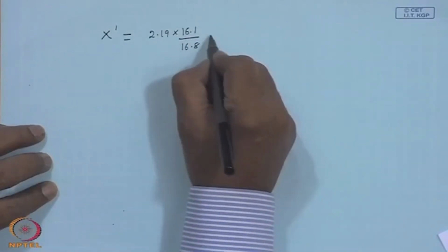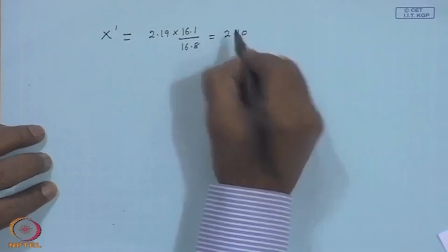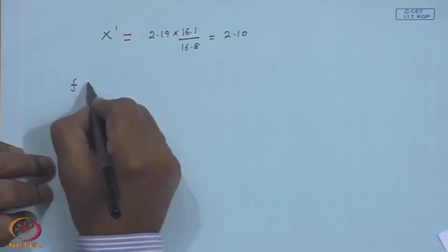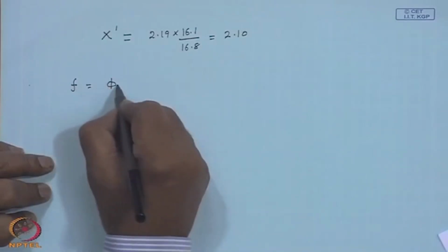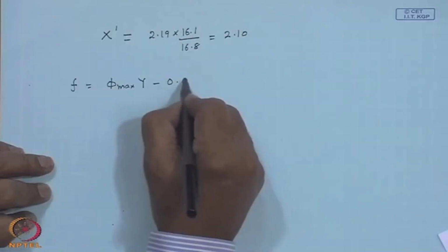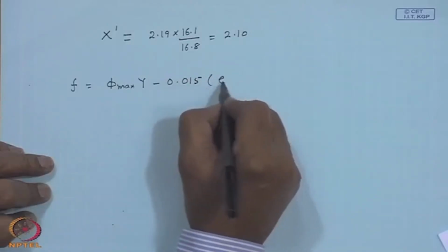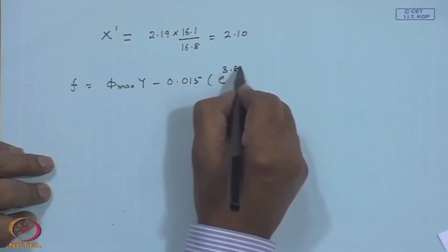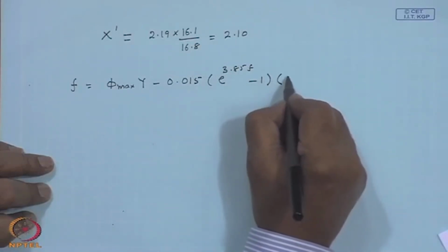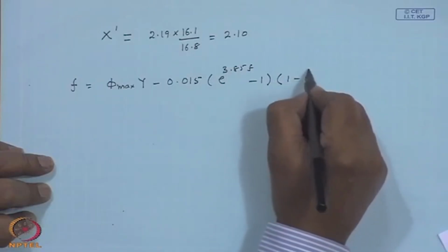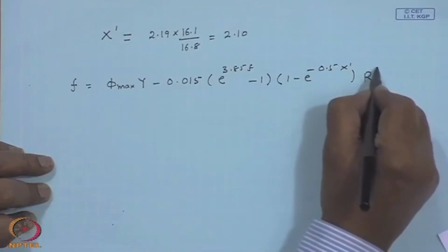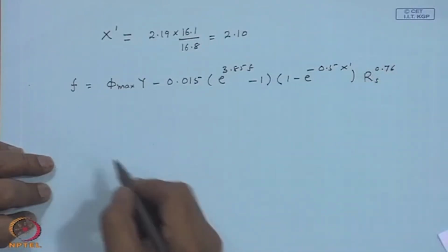This is equal to 2.10. So, again f is phi bar max y minus 0.015 times e to the power 3.85 f minus 1 times 1 minus e to the power minus 1.5 x dashed into r s to the power 0.76.